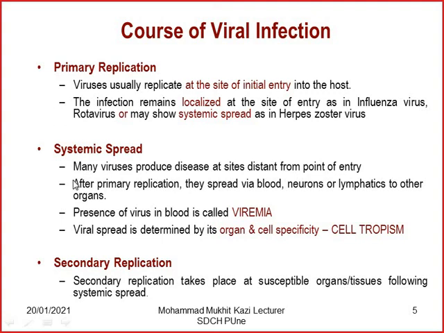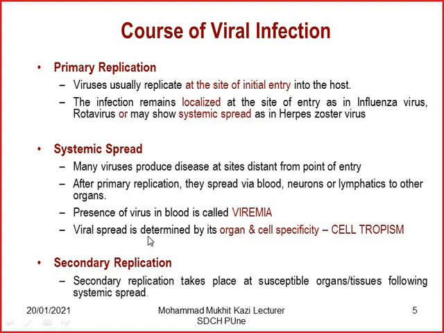After primary replication, they spread via blood, neurons or lymphatics to other organs. Presence of virus in blood is called viremia, and we have discussed this in one of the practicals also. What is toxemia, what is viremia, bacteremia: presence of viruses in blood, presence of toxin in the blood, like that. But septicemia is a different word which we know now.